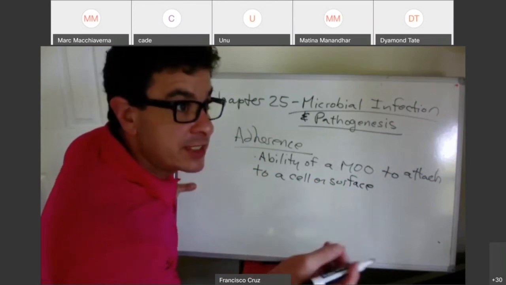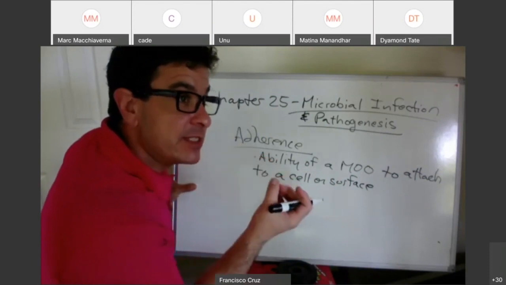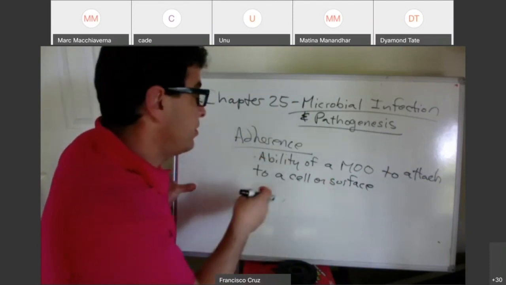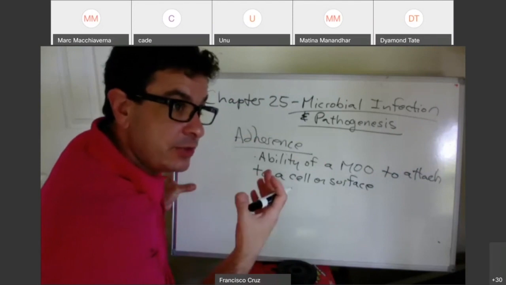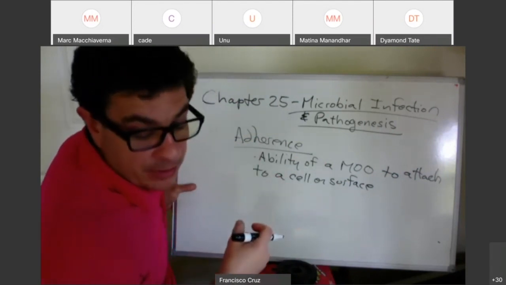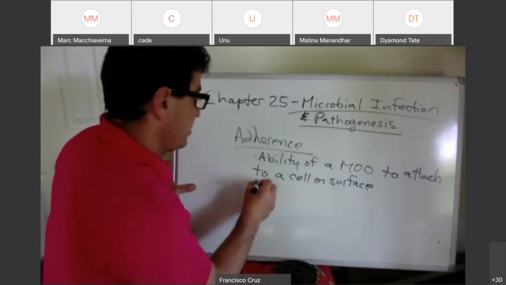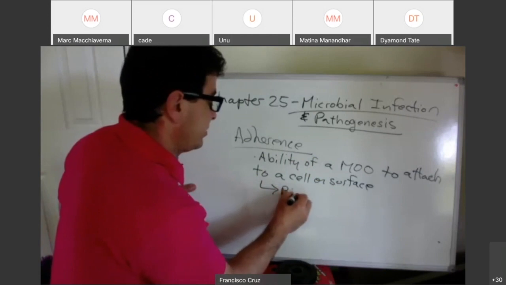So a tooth is not a cell, and you can have dental caries, right? And you can get disease in your gums and stuff. The first step would be attachment. So a surface includes those kinds of surfaces, non-cells, but still part of an organism, obviously. Biofilms can attach.